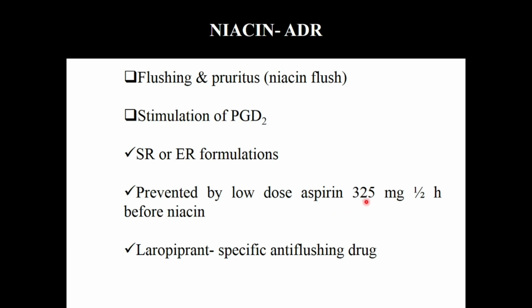It is prevented by low dose aspirin 325 milligram half an hour before niacin, which reduces prostaglandin formation. So this symptom can be reduced. Laropiprant, which is a specific anti-flushing drug, can be used in those patients who develop severe symptoms of flushing and pruritus.